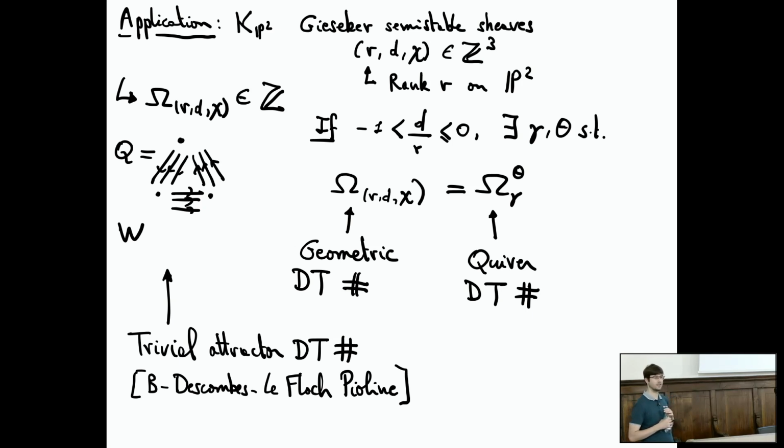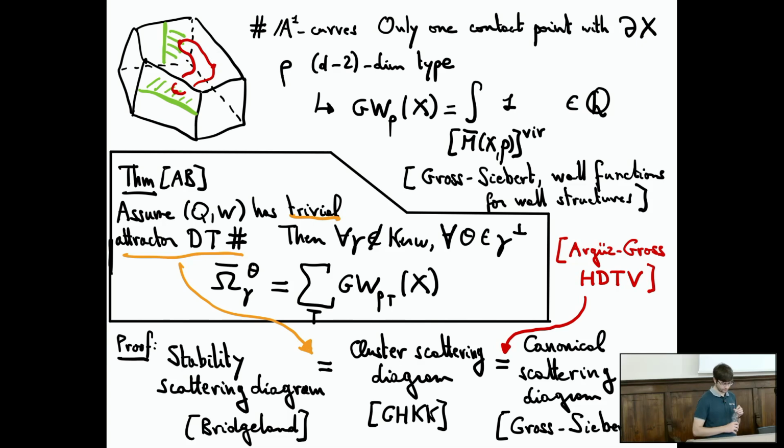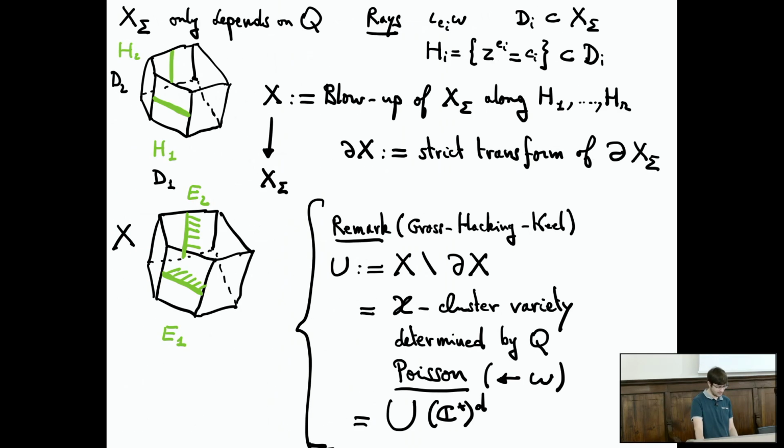Yeah, that's right. But the cluster structure enters only in the proof somehow, am I right? Now one could wonder if there is another equivalent proof of this theorem in which you don't use the cluster structure, or is the cluster structure on X relevant in some other ways? That's how you might think, which is actually what Gross, Hacking, Keel and Siebert did in dimension 2.